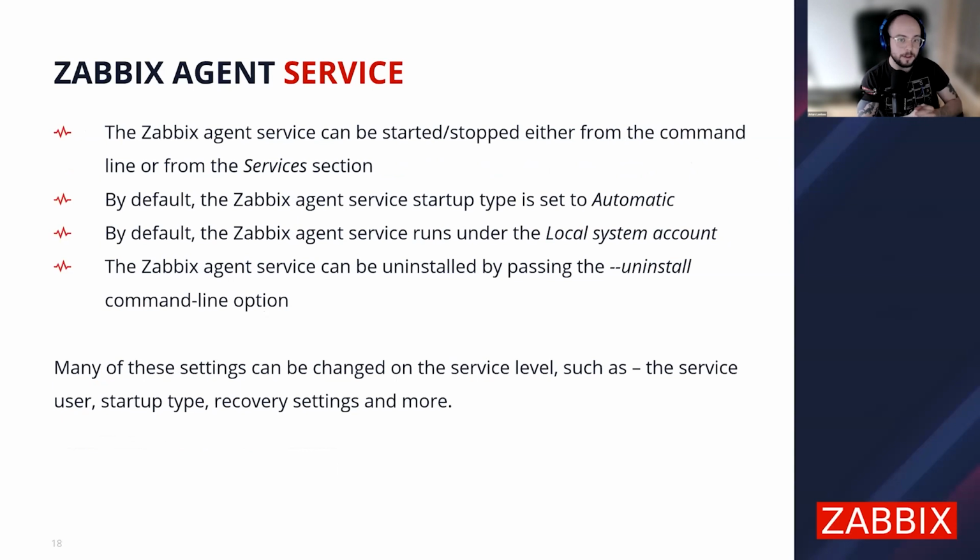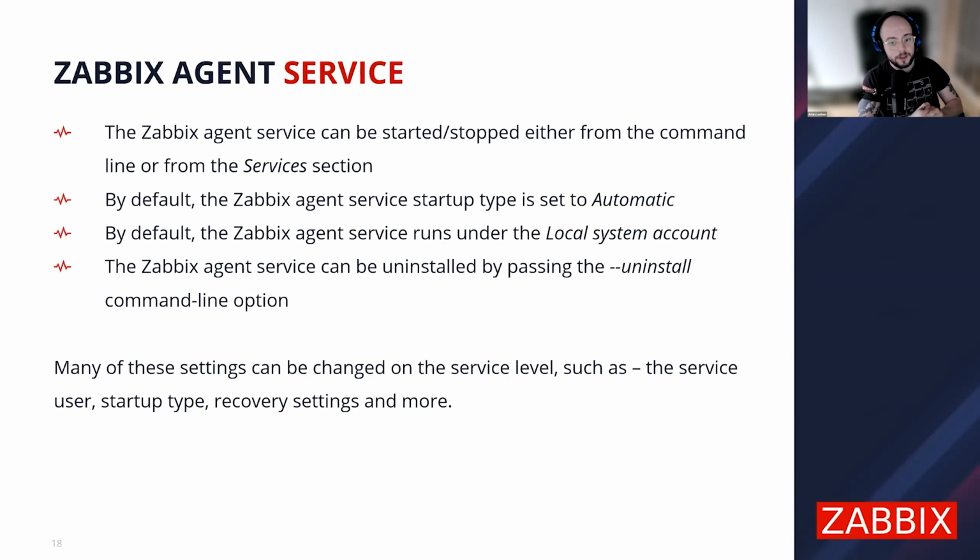So we can start and stop the service either from the command line or from the services section, right? If you've worked a bit with Windows, you're probably aware of it. By default, the agent service startup type is automatic, starts as soon as you boot your Windows. By default, the Zabbix agent service runs under the local system account.